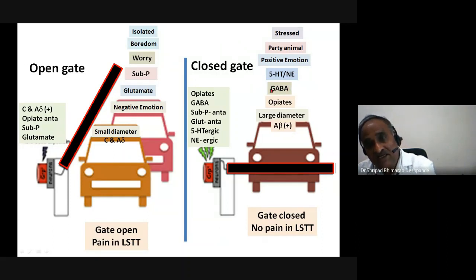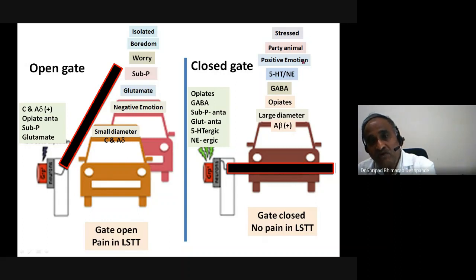GABA is an inhibitory transmitter that again closes the gate. The 5-HT and norepinephrine close the gate because they stimulate the opiate neurons, or the enkephalinergic neurons, or substantia gelatinosa neurons, to close the gate.